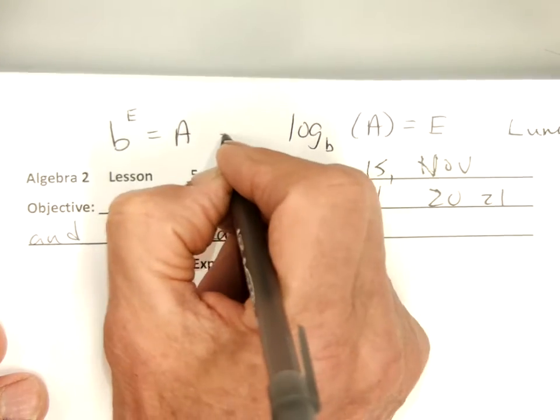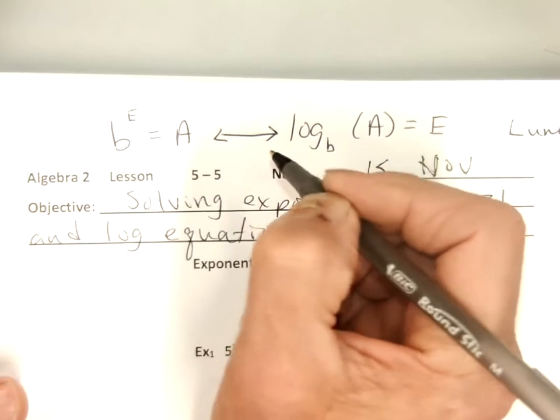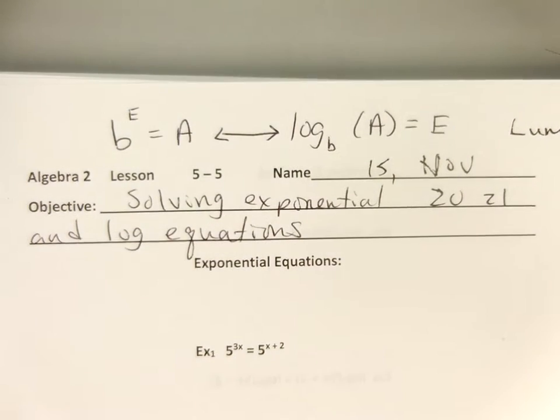And I'm going to put an arrow between both of them because you move it from one form to the other form depending on what you need, okay? So I'm going to erase this because I already got it, right?